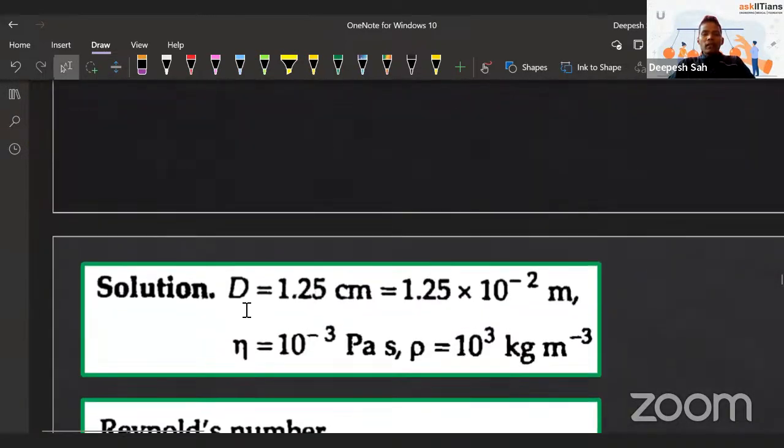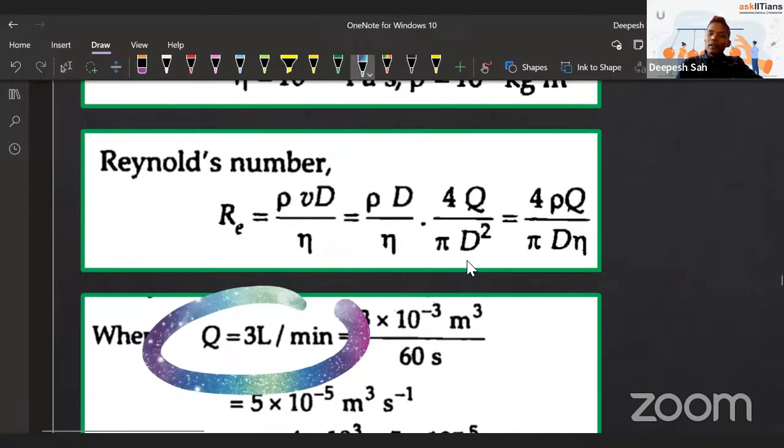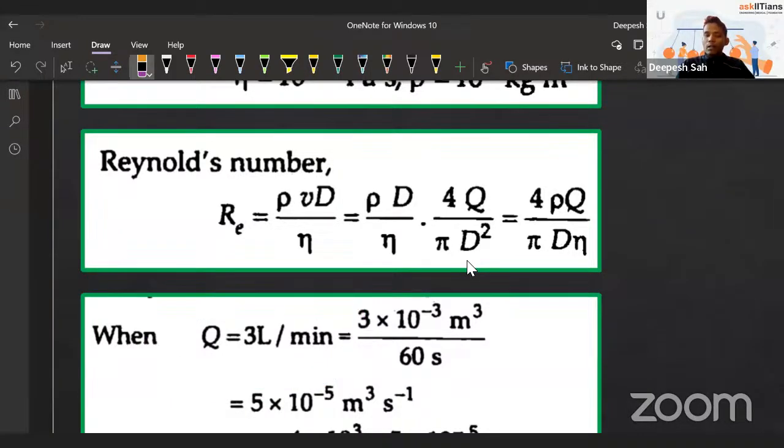Similarly, the question mentions another flow, 3 liters per minute. Everything else remains the same: density, diameter and coefficient of viscosity. Only the flow rate changes, to 3 liters per minute.